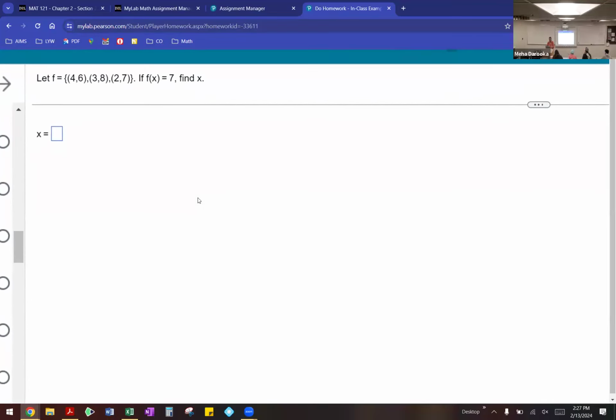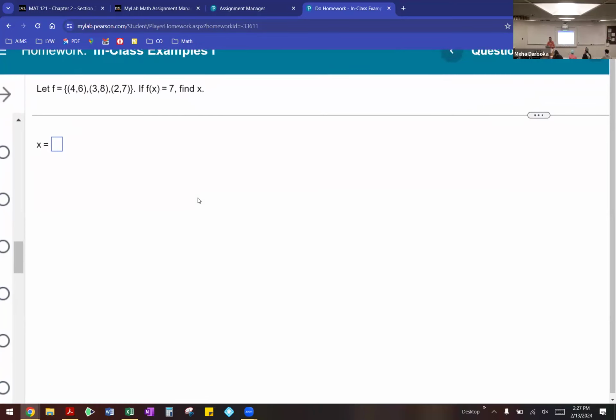Okay, so this is going backwards. Now, this is asking you, f of x is 7. So not x is 7, the value of f of x is 7, which again, remember, means we're talking about the y value being 7, and we're asking you to find its corresponding x. So what is that going to be?